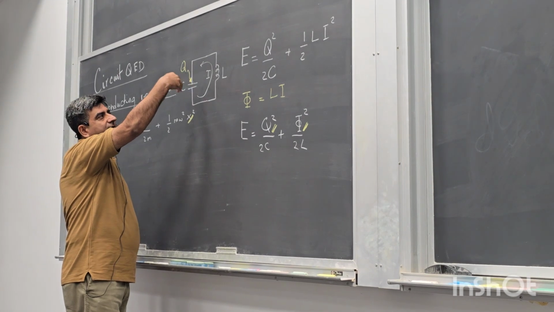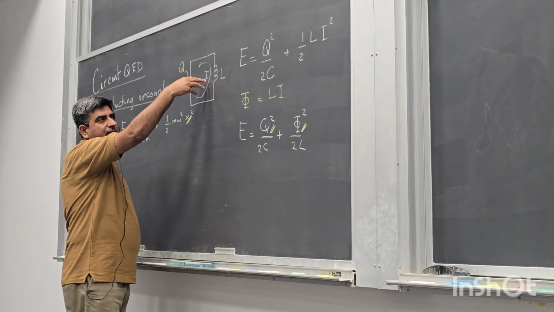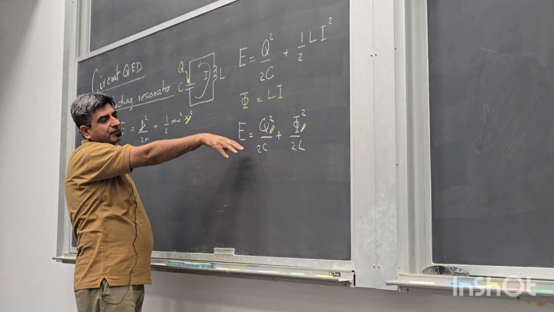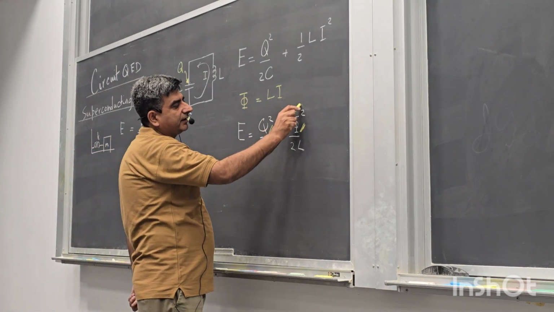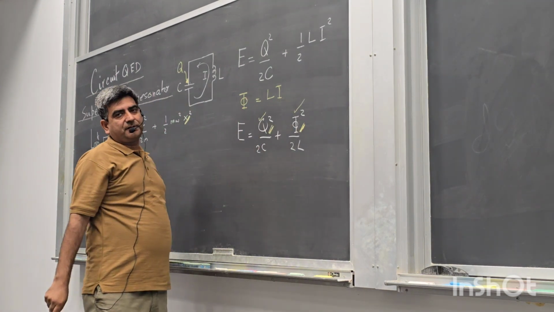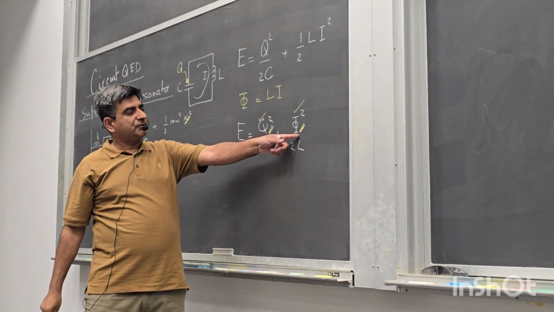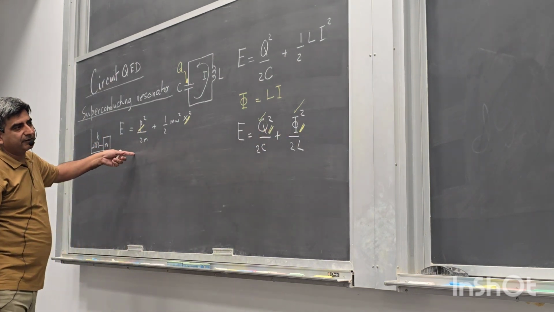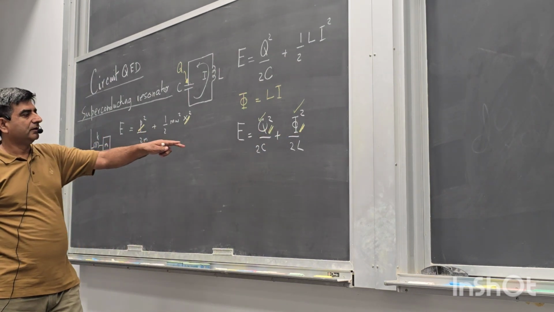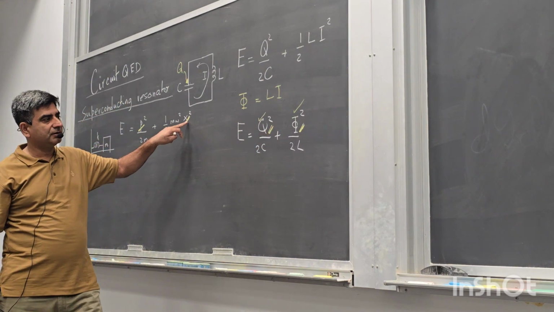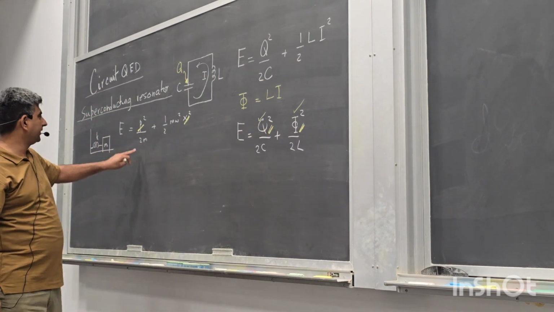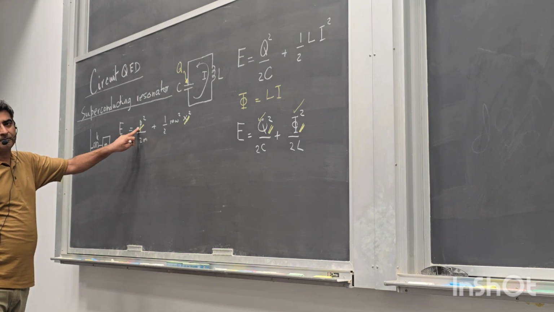Circulating inside this resonator, and there are two relevant degrees of freedom for that electromagnetic field. There is a flux variable and a charge variable, and the correspondence with a mechanical oscillator is straightforward. This flux plays the role of position, charge plays the role of momentum.